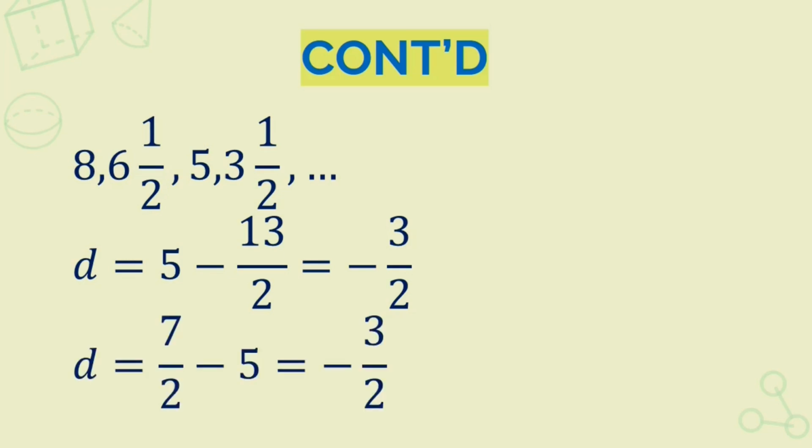If I also pick the last number, which is 3 and a half, which can also be written as 7 over 2, I subtract the previous number, which is 5, from it. So we have 7 over 2 minus 5, producing negative 3 over 2. And so you observe that the differences are the same, and this sequence has a common difference of negative 3 over 2.